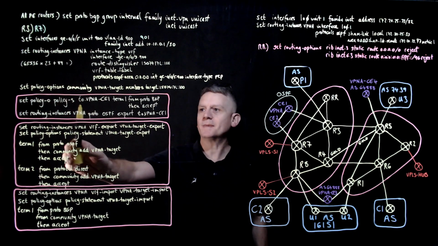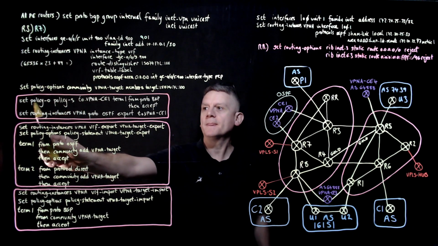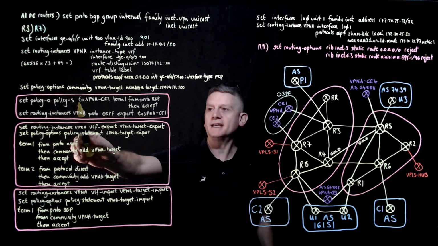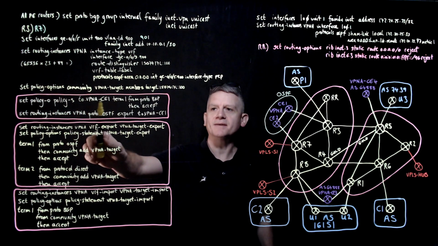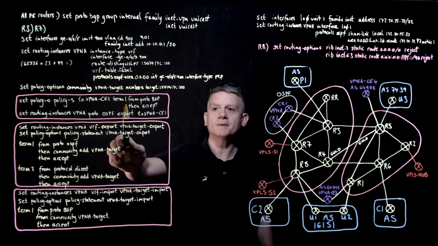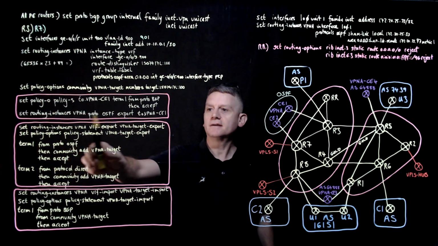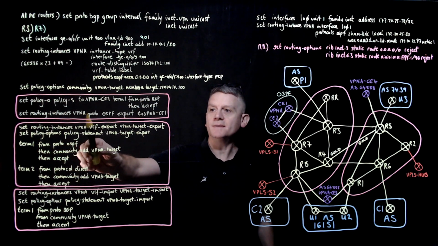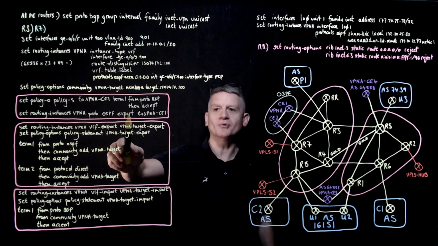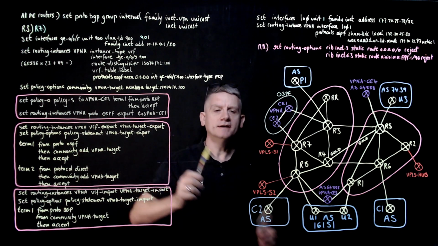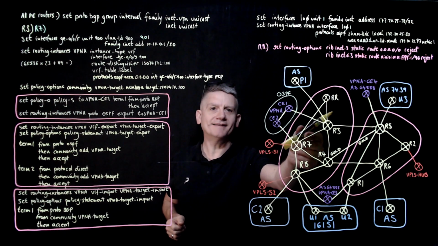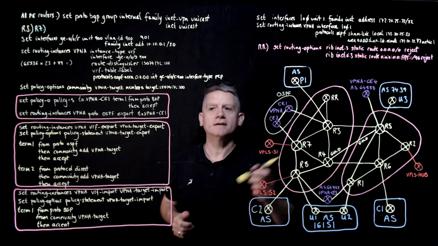Now with BGP that's automatic, with OSPF clearly it won't be. So set policy-options, policy-statement VPNA-CE1, term 1, from BGP, then accept, and basically set routing-instances VPNA, protocols OSPF, export VPNA-CE1. So what we're doing here is the VPNA export, the OSPF export out to the customer sites.